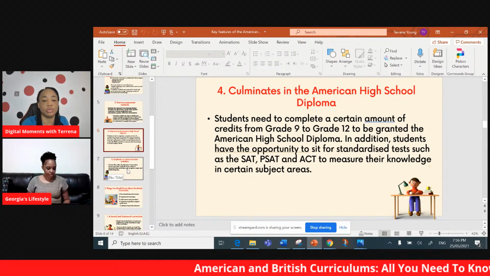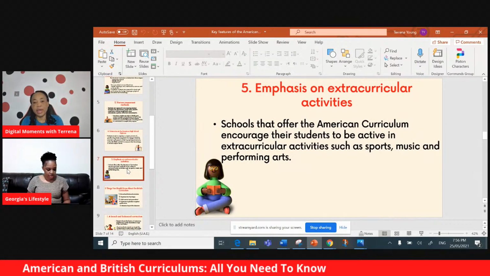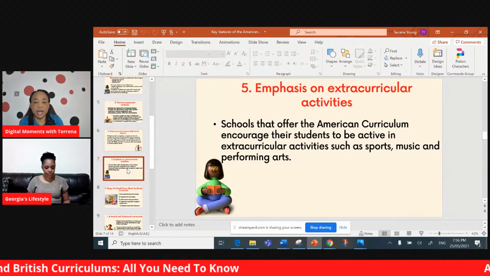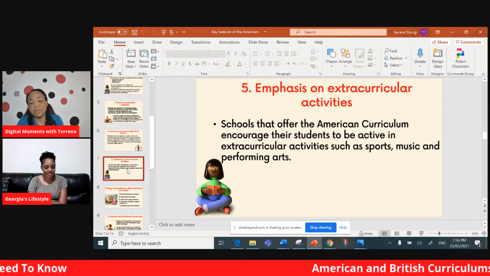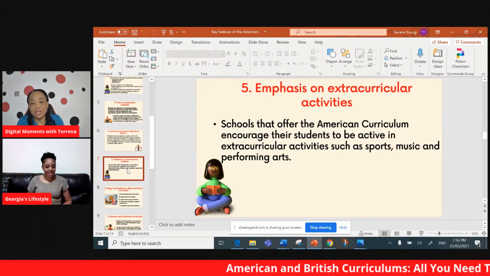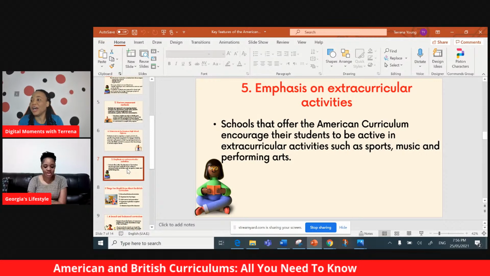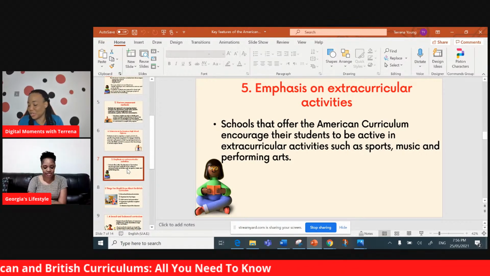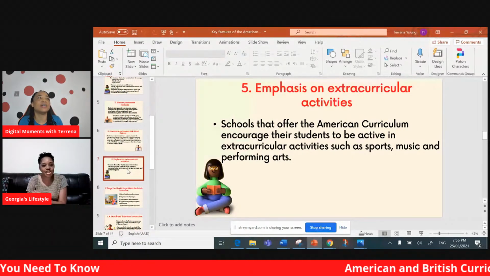Okay, let's move to number 5. Emphasis on extracurricular activities. And when I saw this, I said, wait, we have been doing this, man. We have been doing extracurricular activities for years, especially going down to Denby, for persons who are familiar with what you call that, Georgia? 4A.